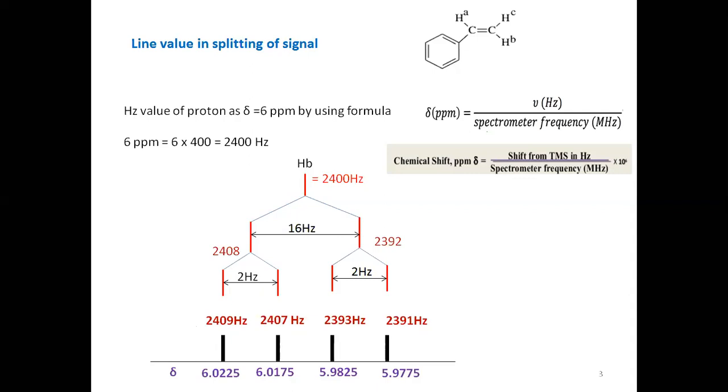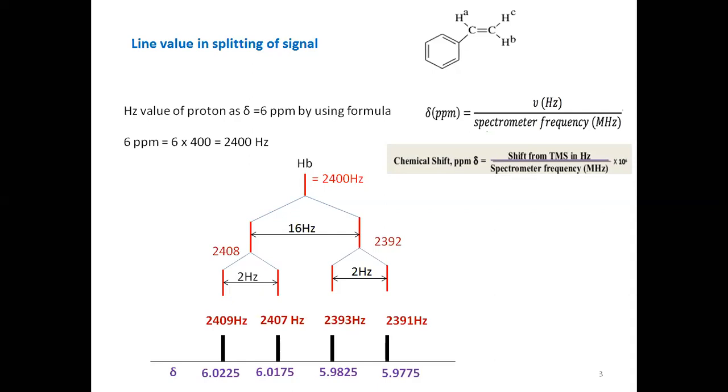So that is 2409 minus 2407. You are getting 2 hertz, correct? And these 2 lines also give 2 hertz, but the middle 2 lines do not give that coupling constant. Then check out the 1 and 3 lines.